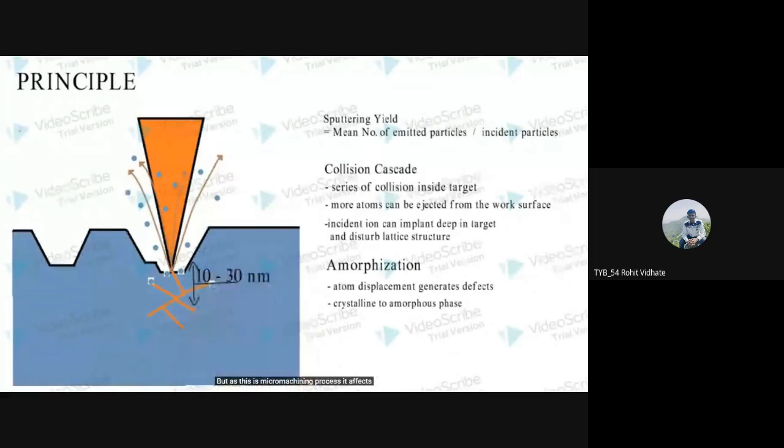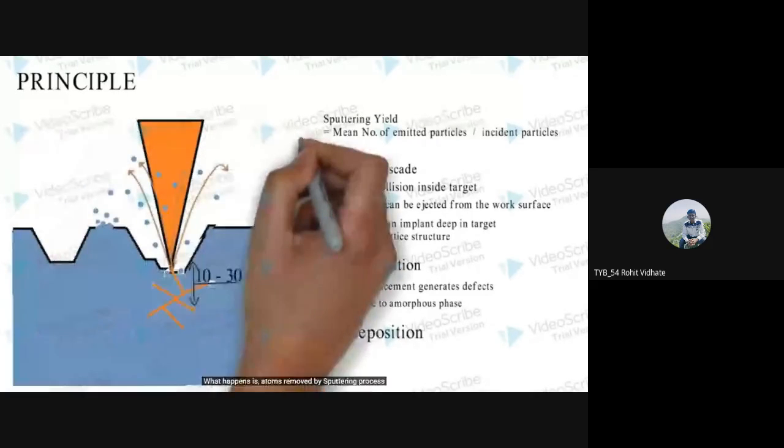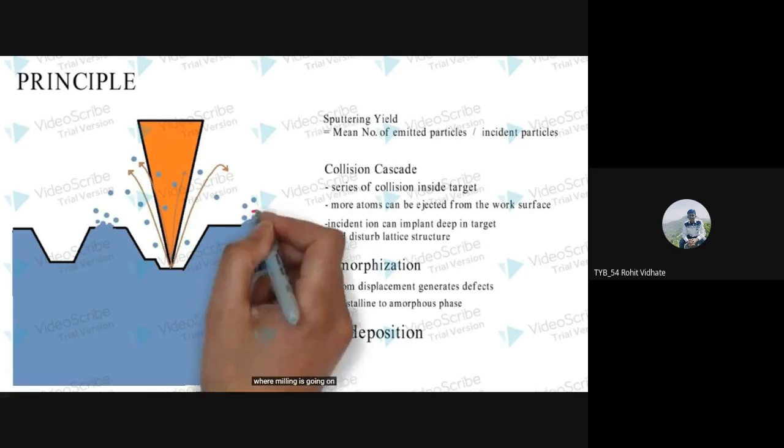There is another phenomenon observed in the ion beam machining process, that is redeposition. As this whole process is occurring in a vacuum, the atoms removed by the sputtering process cannot be evacuated by the vacuum system. Sometimes they can get deposited on the adjacent surface where the milling is going on.